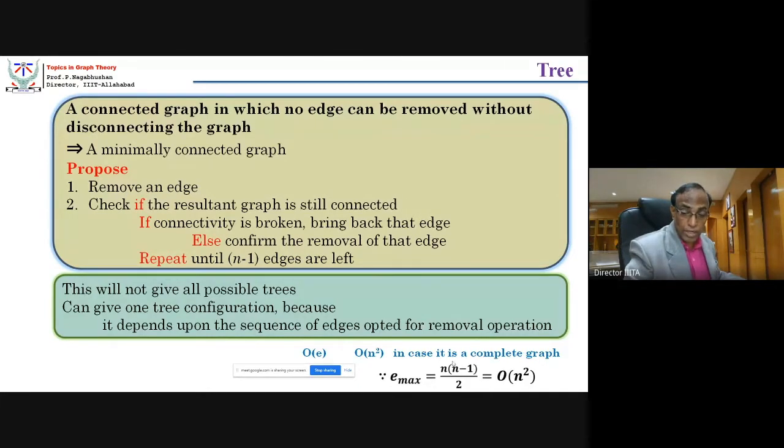You should try removing every edge one at a time, and then either bring back that edge or remove it. Therefore, in the worst case, you should try for all E edges, and E is of order n square in a complete graph. This is the worst case. But this will not give all possible trees. This will give one of the trees, one possible configuration.